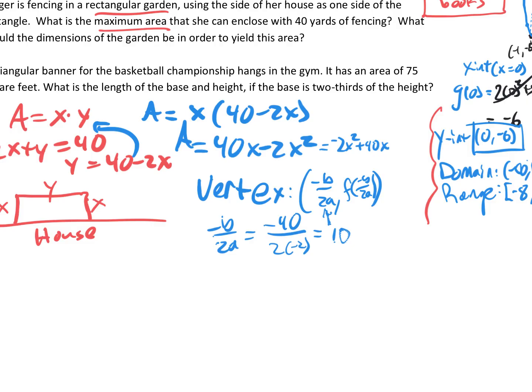And that gives us an area of, let's say we've got negative 2 times 10 squared plus 40 times 10. We could also plug in the up top, doesn't really matter.